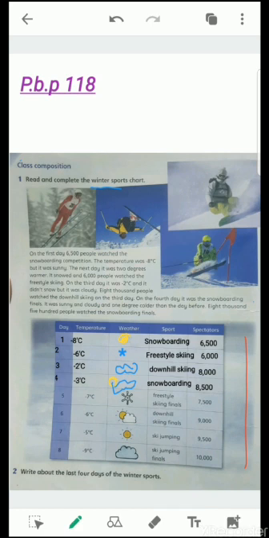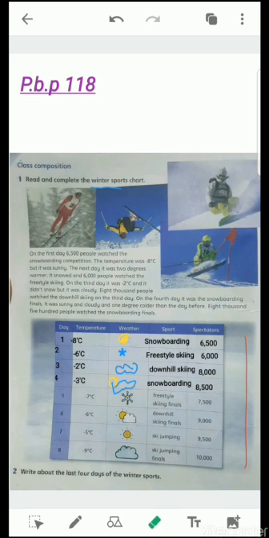How can we elicit the weather? By the word it snowed. It snowed means that the weather is snowy. And we have the exact number, which is 6,000 people watched the freestyle skiing. We have the name of the sport, which is freestyle skiing. So the information for day 2: -6 degrees Celsius, snowy, freestyle skiing, and 6,000 spectators.